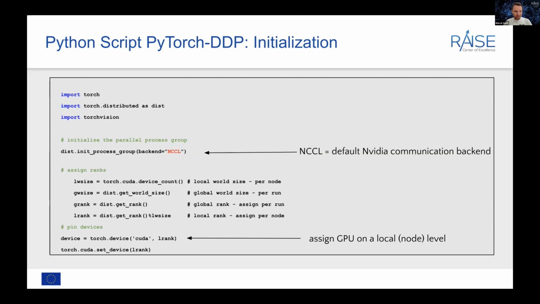Global rank is similar to the Horovod rank I showed you earlier, and local rank is a unique identifier to identify your GPU devices on a local level. And again, we need to pin the GPUs on your local level to this device parameter, to make sure that each GPU is assigned to one rank.